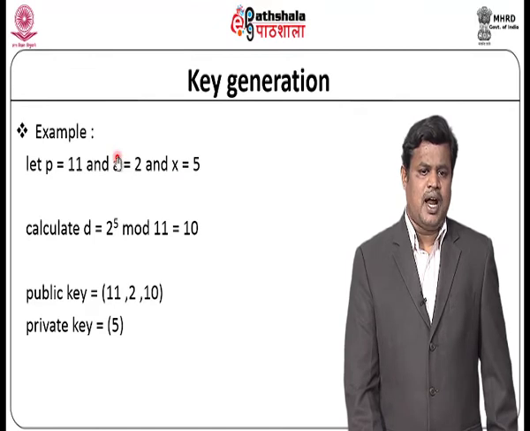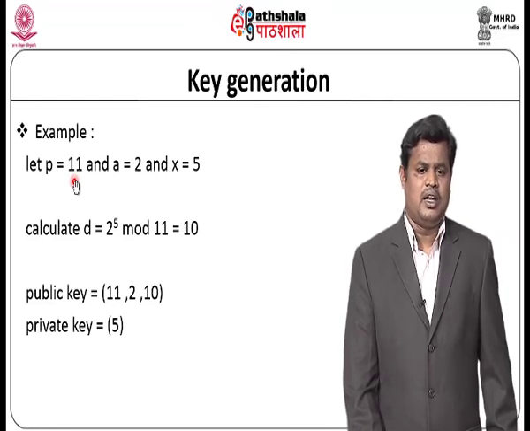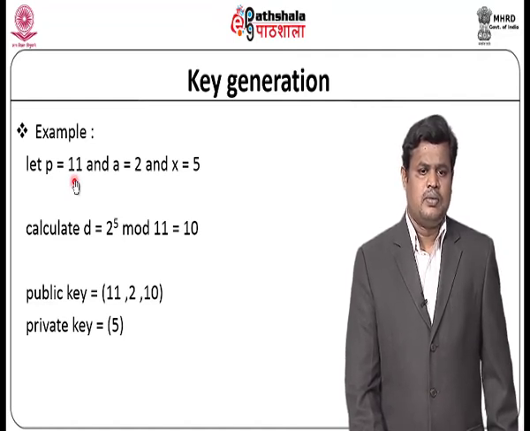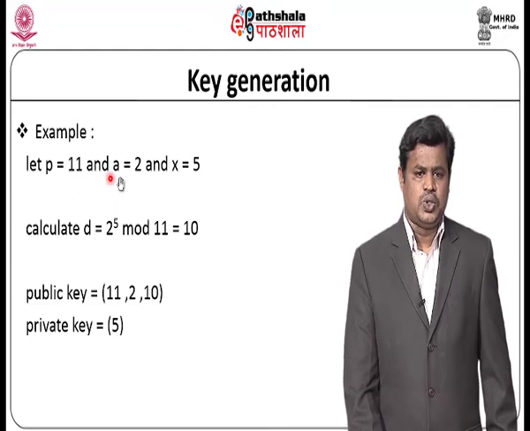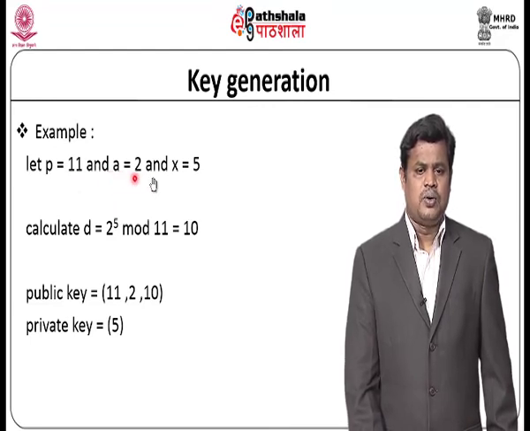Let us assume that p is equal to 11. Here we are considering a very small prime number, but in practice it may be a prime number of 300 digits. So now we are considering the prime number as 11, a is equal to 2 and x is equal to 5.